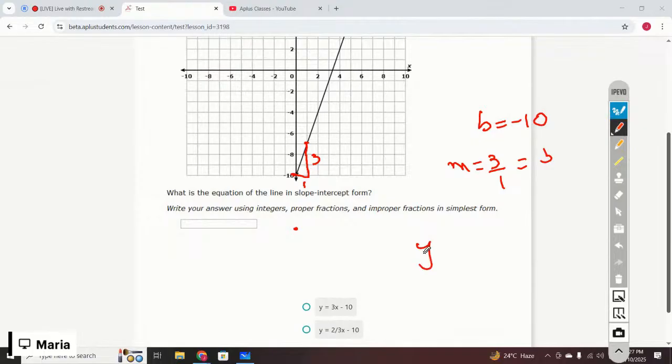So the equation is y equals mx plus b. B is -10. So that is y equals 3x minus 10.